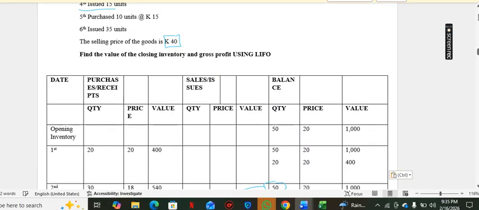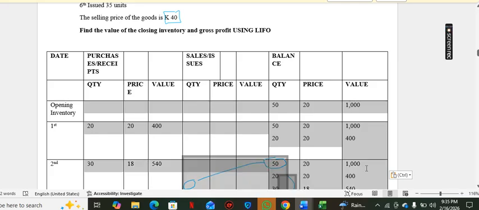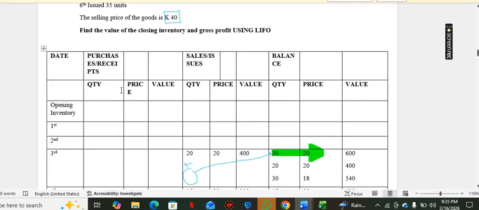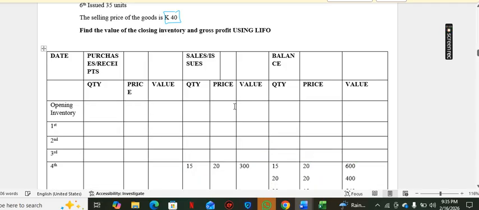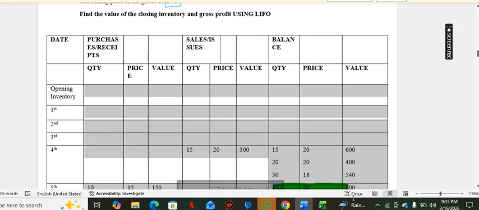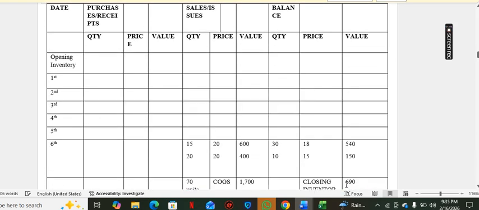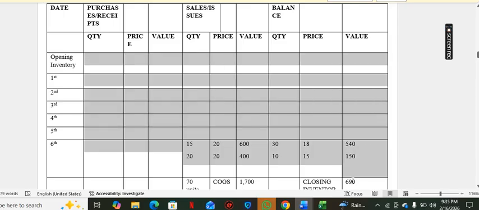With the stores ledger, just remember there are three main columns. You have your purchases or your receipts column, and you have your sales or your issues column, and you have the balance column.